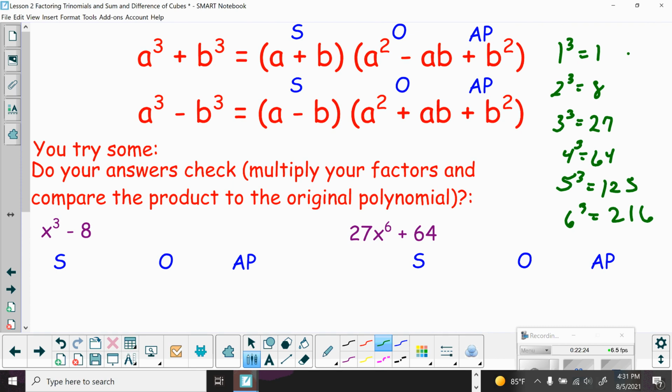You should also know, however, that 10 cubed is 1,000. Now, x cubed, and any degree that is a multiple of 3, is a variable cubed.